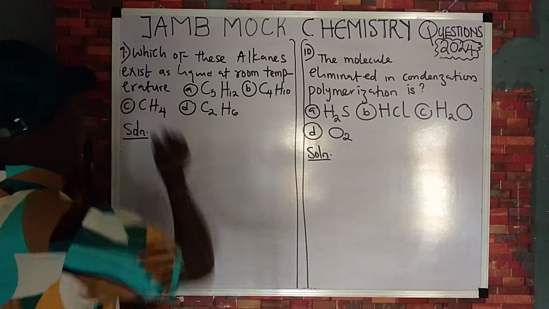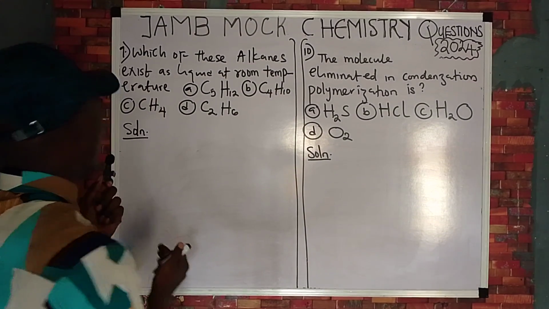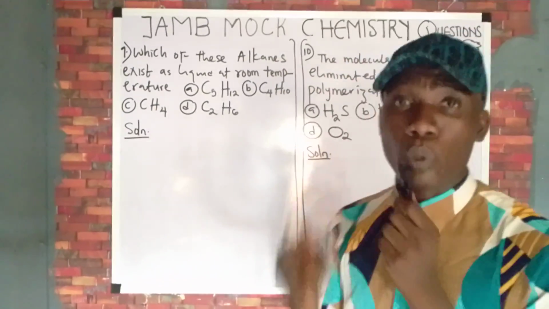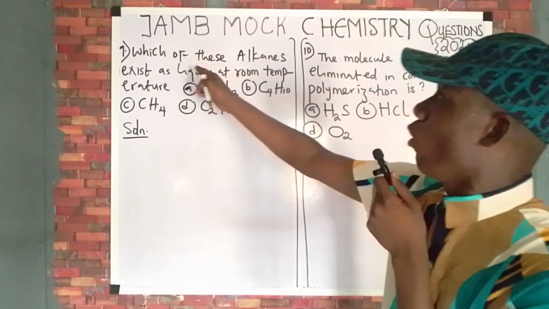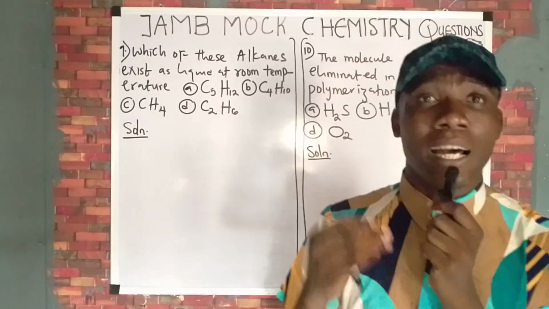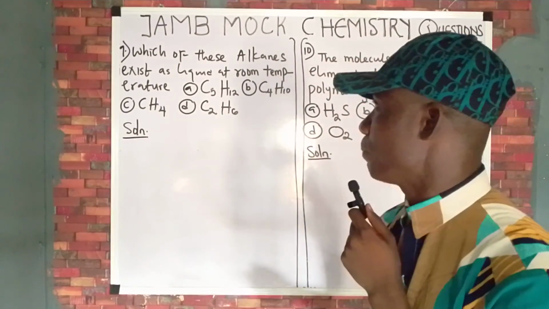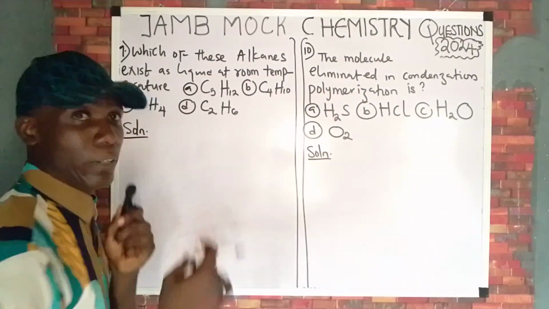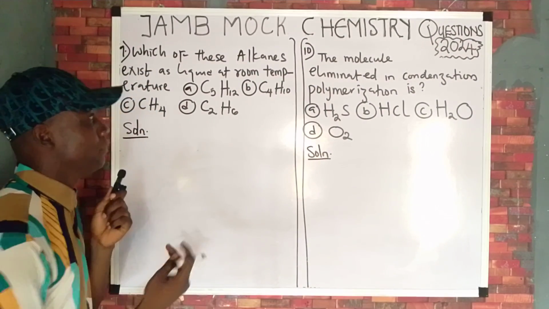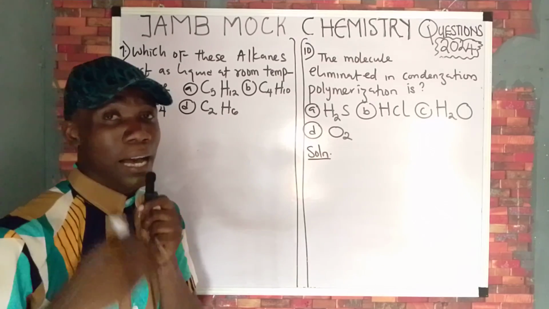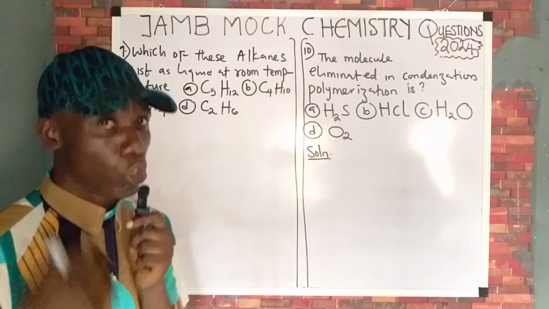Question number 9. Which of these alkanes exists as a liquid at room temperature? Okay, very, very easy. Remember that alkane is a parent hydrocarbon that has a single bond and that it is a saturated compound.